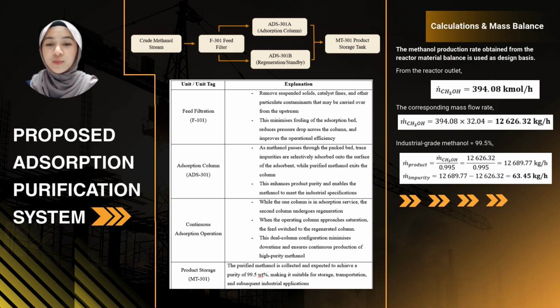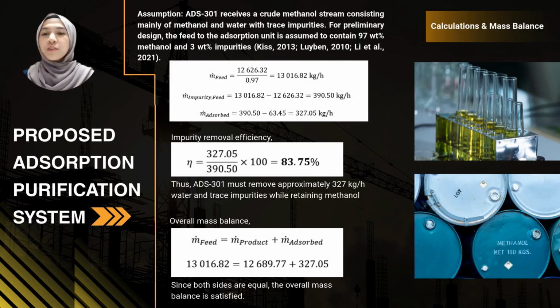To confirm that this purification system can achieve the required product purity, we perform a preliminary material balance, referring to the previous slide. First, the reactor produces approximately 12,626 kilograms of methanol per hour. Since the target purity is 99.5 weight percent, the total product flow rate was calculated based on this methanol production rate.